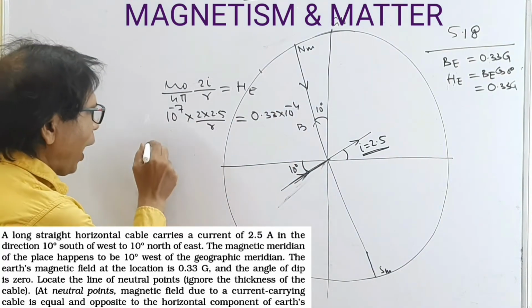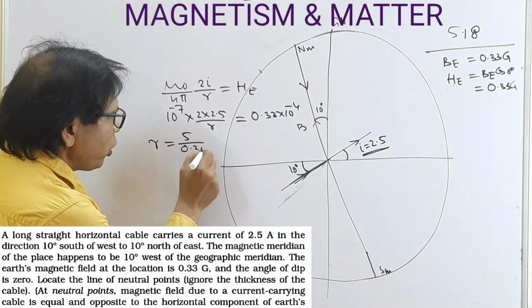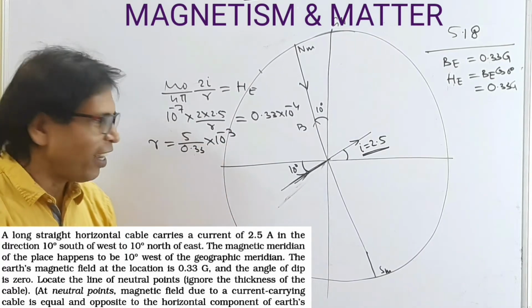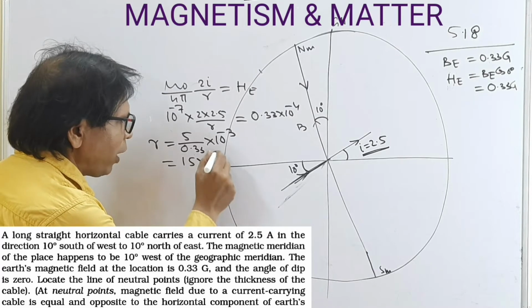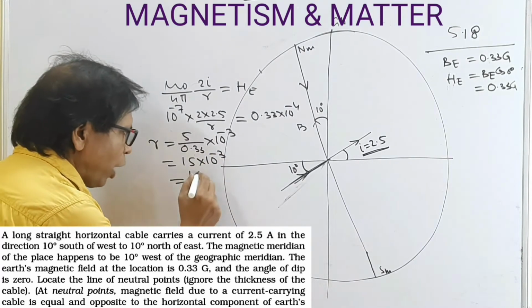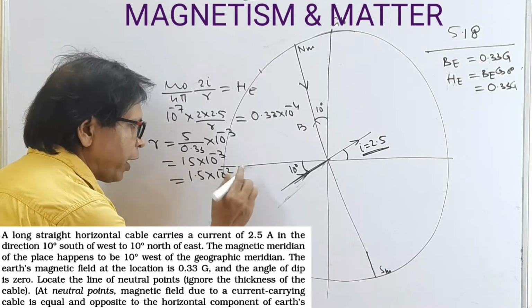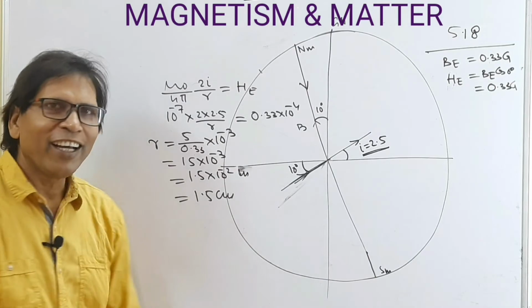Okay, now R equals 5 divided by 0.33 into 10 to the power minus 3. Okay, so this is 15 into 10 to the power minus 3. So this is 1.5 into 10 to the power minus 2 meter, that is 1.5 centimeter.